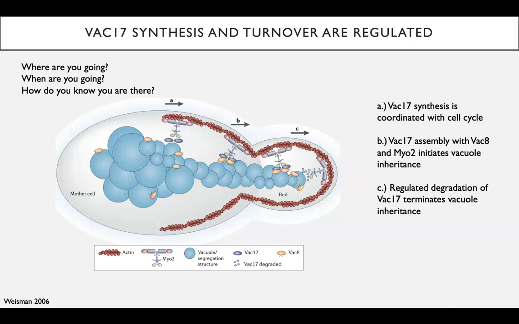And so this process is more complicated than just the synthesis and degradation of Vac17. Knowing when it is synthesized and when to precisely degrade it is tied to some regulators, and the discovery of those regulators of Vac17 is the data that we will discuss in class.